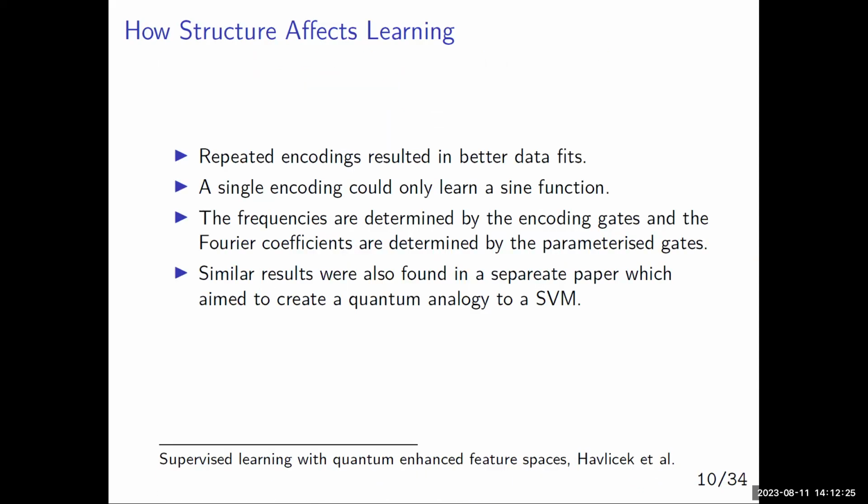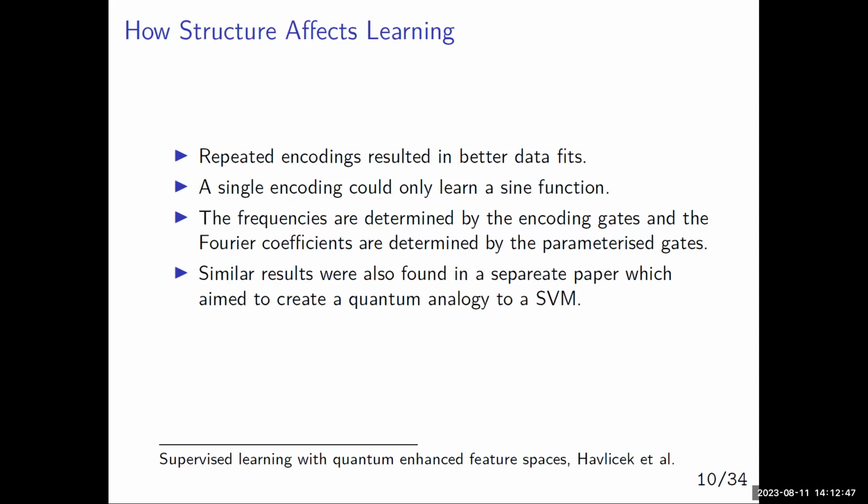So this is the thing to take away. The frequencies of the Fourier series are determined by the encoding gates, the S of X ones, and they correspond to the eigenvalues in your rotation Hamiltonian. But that's very technical stuff, we don't need to get into that right now.